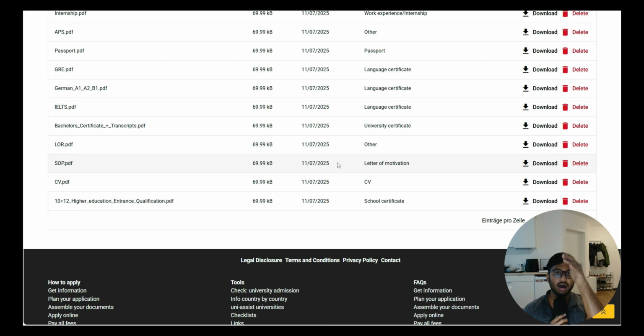Other than that, all other documents are the same regardless, because Uni-Assist will just forward them. They will only check if the SOP is for a different college, and then they will send this SOP correctly for that particular course. If you do not mention any college names specifically, then everything will be forwarded.